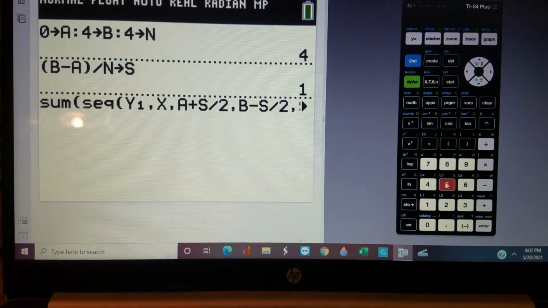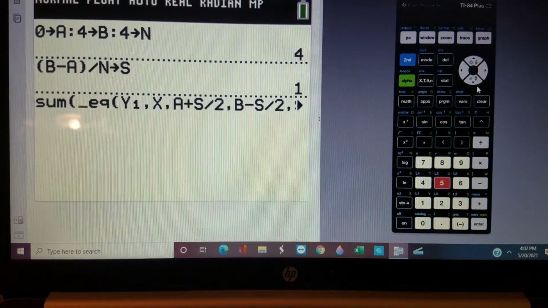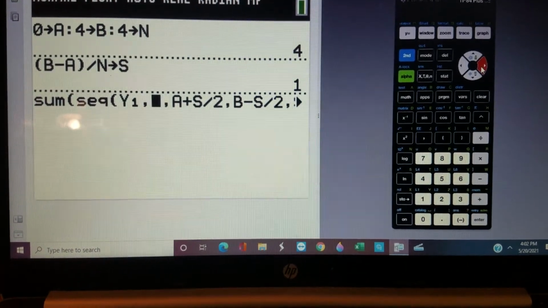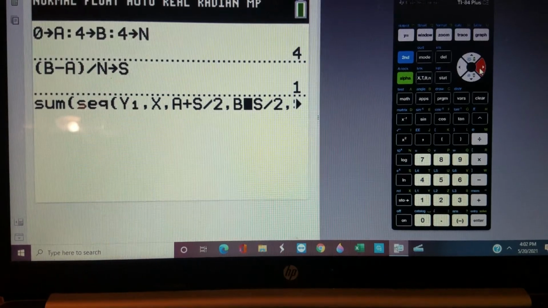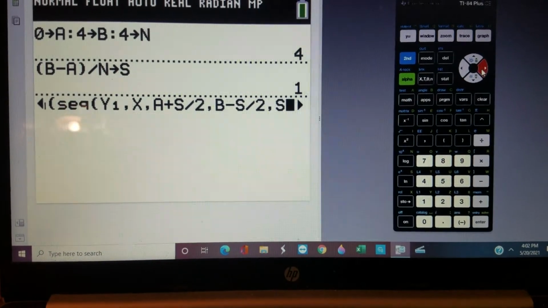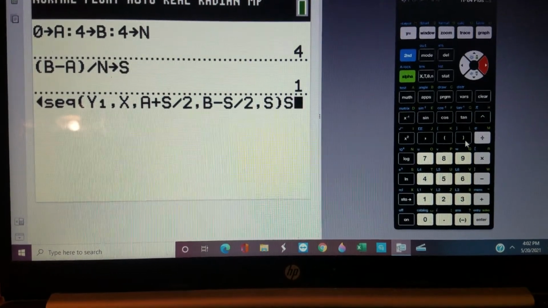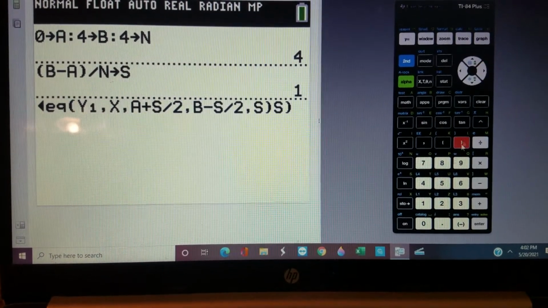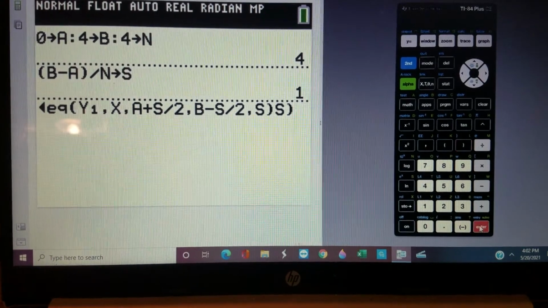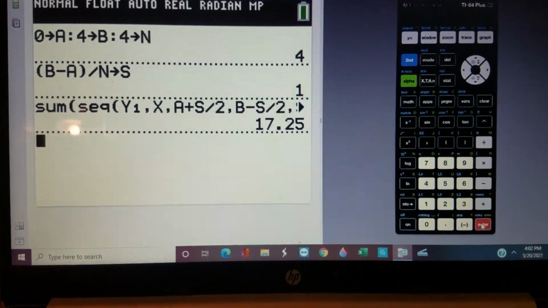And now it's going to sum the sequence, and I'm going to go all the way to the right. The final paren is optional. I usually include it. And this is my estimate.